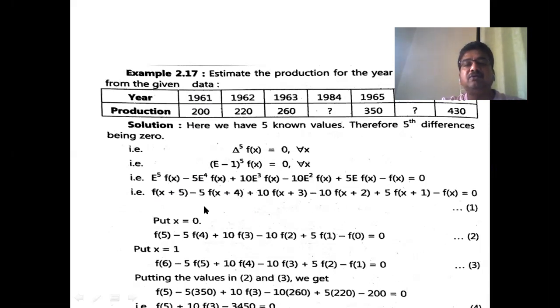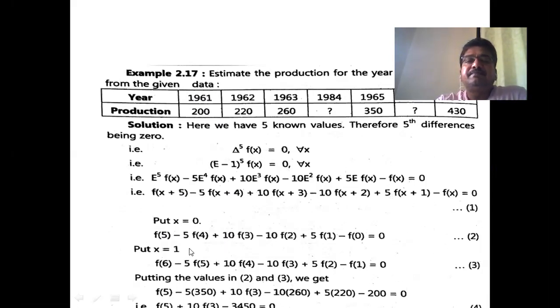Put the value x is equal to 1961, then we have the equation. Simplify that equation, and that is equation number 1.